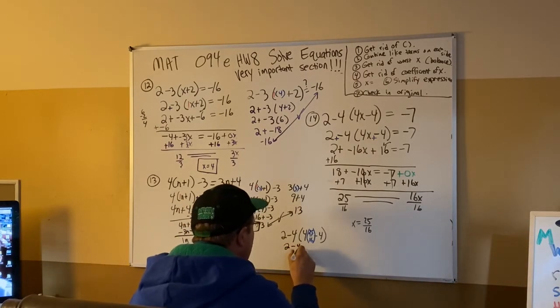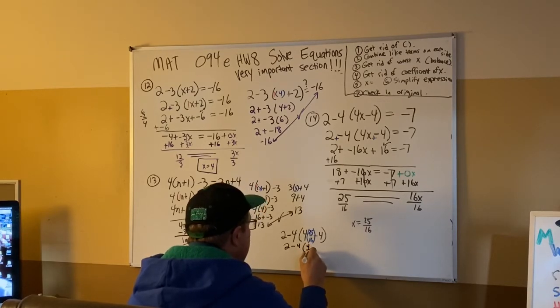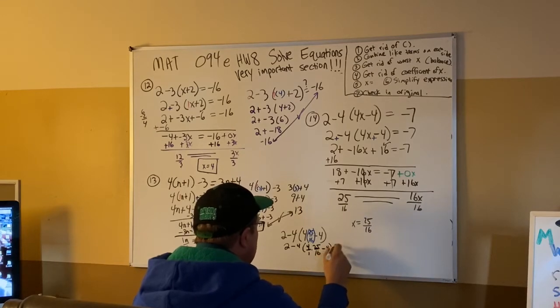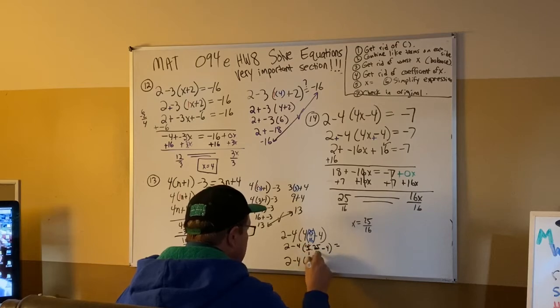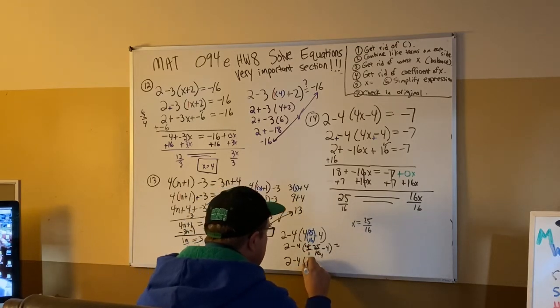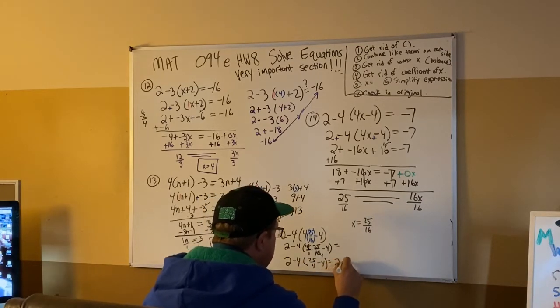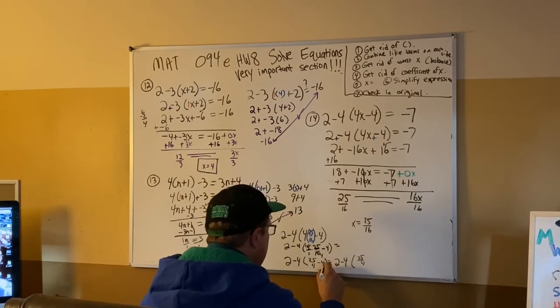2 minus 4 times 4 over 1 times 25 over 16, then minus 4. Divide by 4 for 1, divide by 4 for 4. 25 over 4 minus 4, which is 2 minus 4 times 25 over 4 minus 4 over 1.